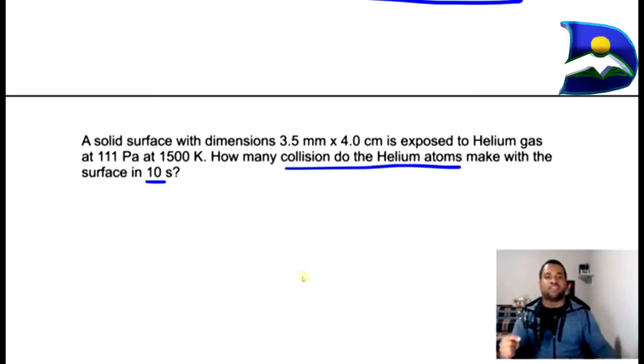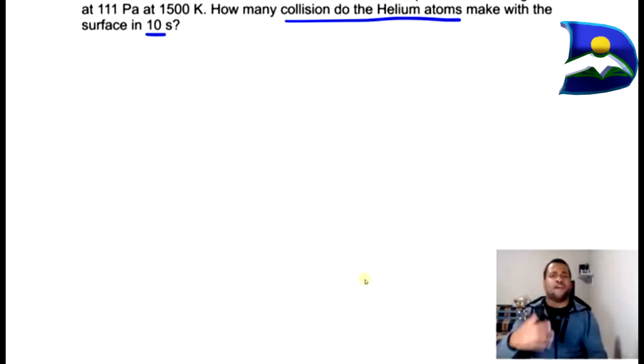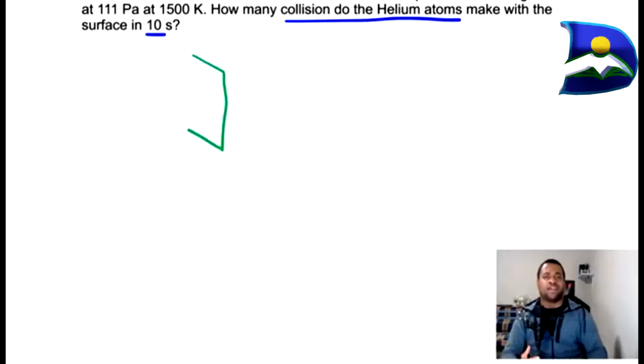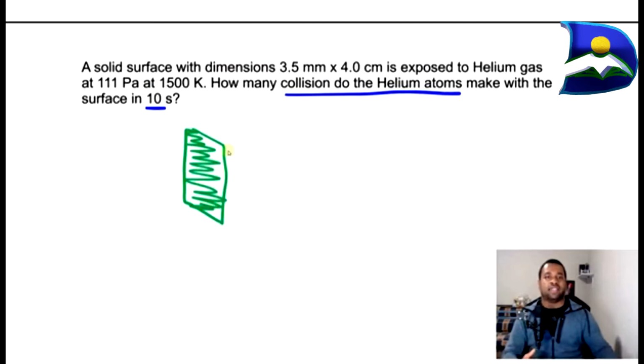So let's have a little diagram to visualize what is going on in this question. We are assuming that we have a solid surface, and the dimensions of this surface are a width of 3.5, in units of millimeters, by 4.0 centimeters.